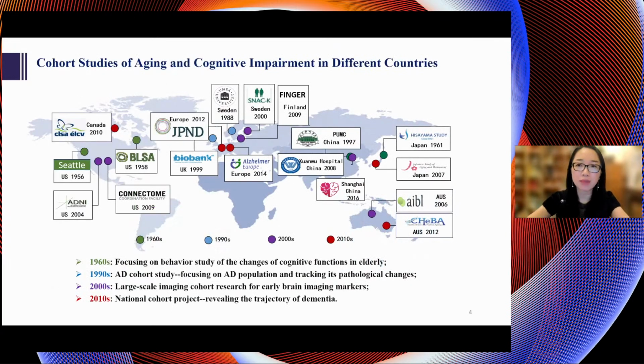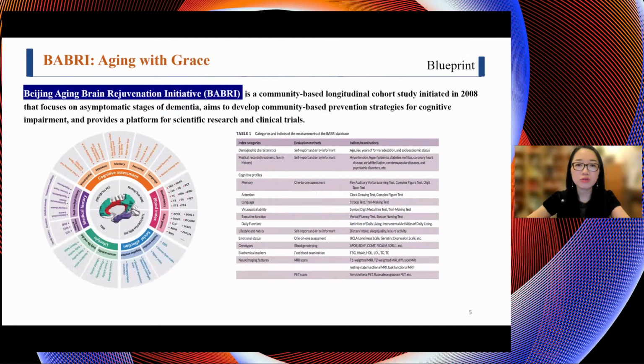Therefore, many countries initiated cohort studies of aging and cognitive impairment at different times, including ADNI in the US, Biobank in the UK, AIBL in Australia, FINGER in Finland, and other Asian countries like Japan and China. In 2008, we initiated our BABRI study, the Beijing Aging Brain Rejuvenation Initiative.